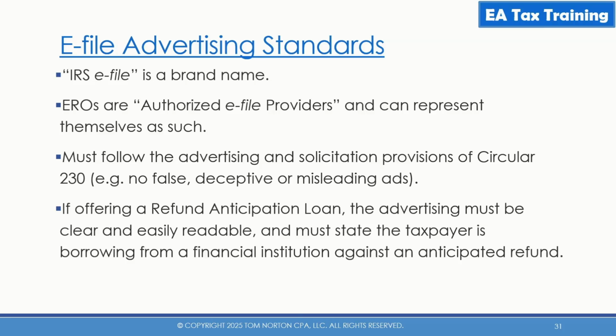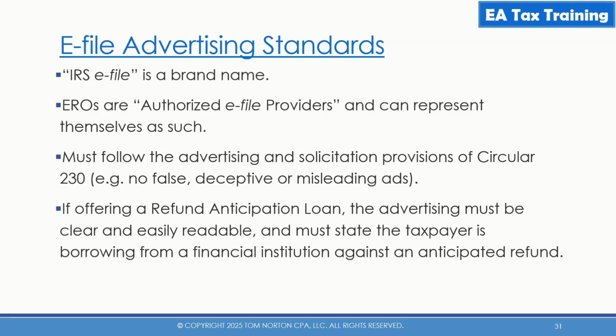So a refund anticipation loan, you may have seen these advertised by tax preparers. They say, get your refund immediately. So what you are offering the taxpayer is actually a loan from a bank. Probably your tax software will have a system that you can sign up to offer these if you want to. So the taxpayer comes in, you prepare their return, they have a refund.